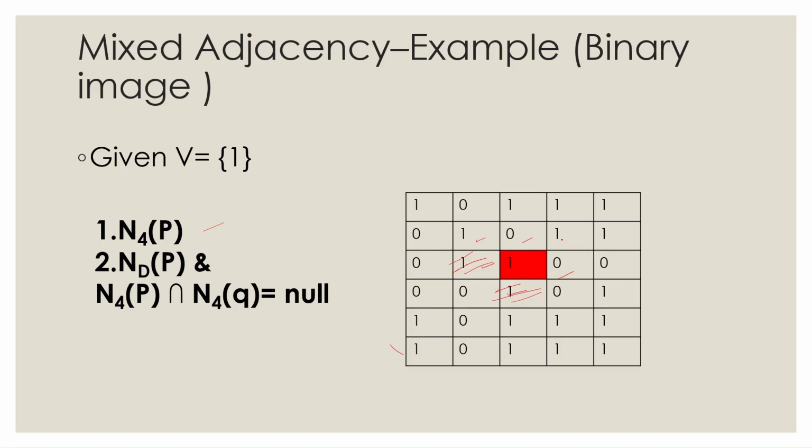We have to also check whether any horizontal or vertical relations with this pixel are possible. For example, the horizontal of this one is 0. Sorry, the vertical of this one is 0. So though it is a neighbor, it cannot be considered as adjacency.